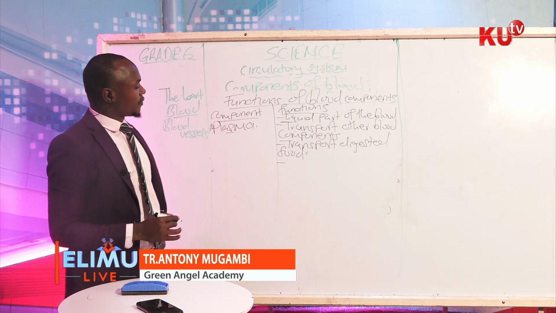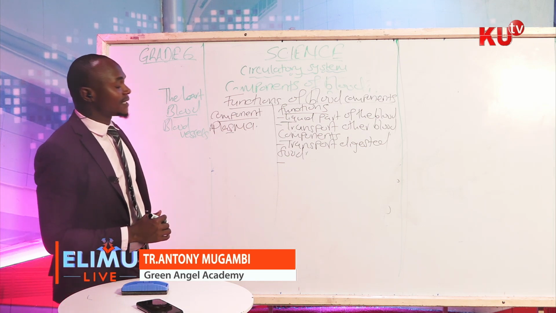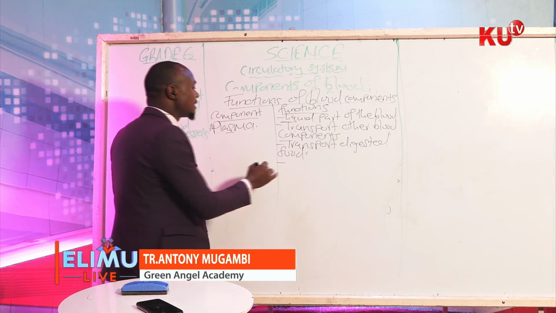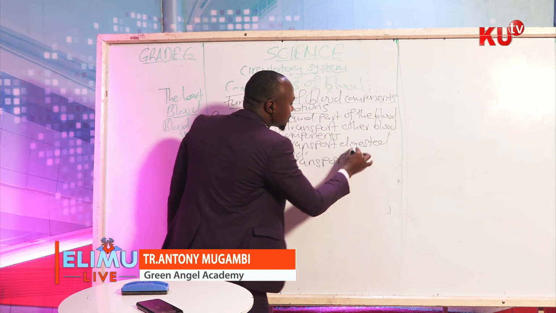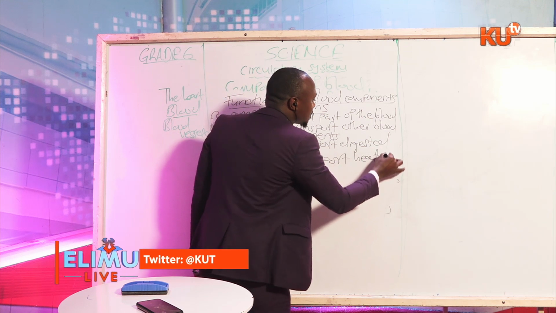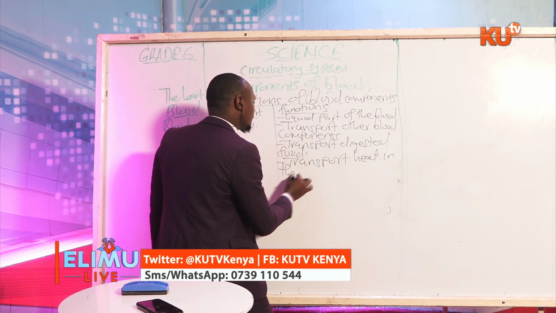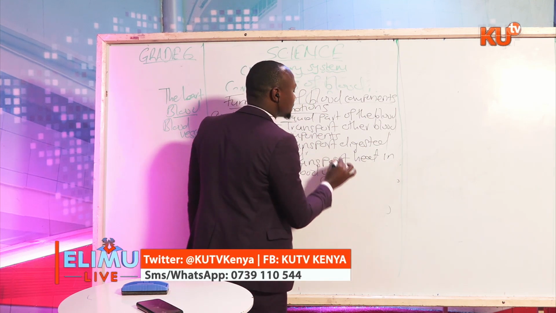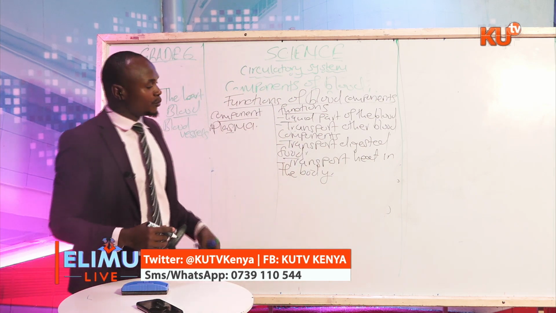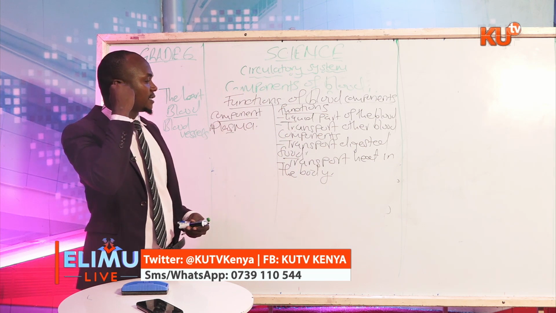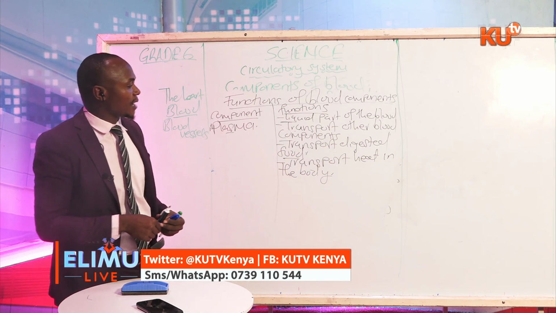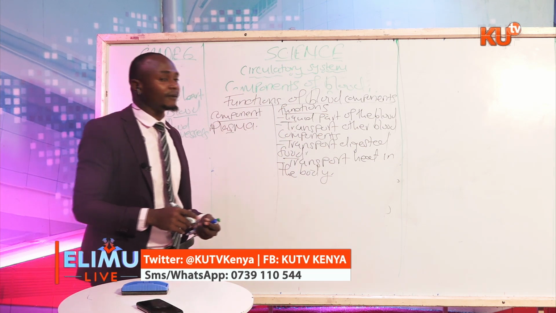Another function of plasma is that it transports heat in the body. The heat is produced by a body organ called the liver.